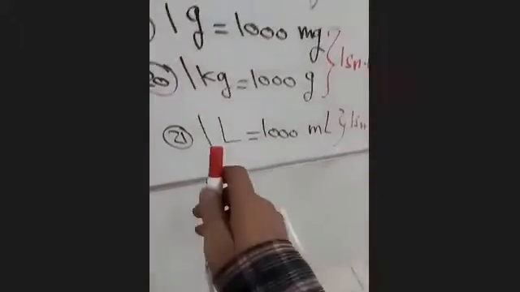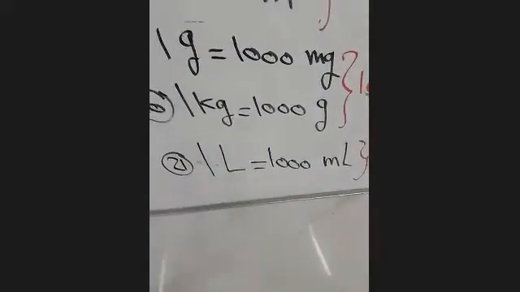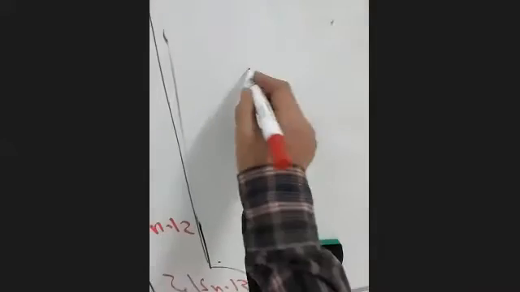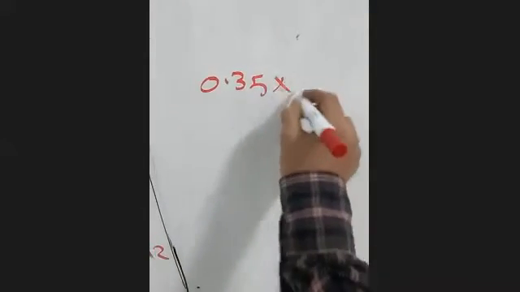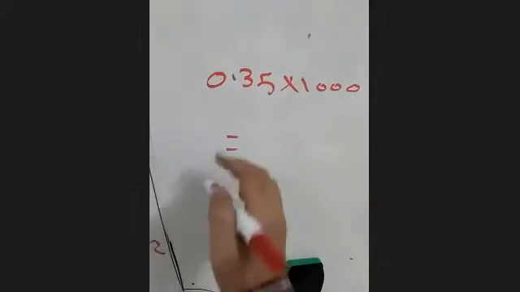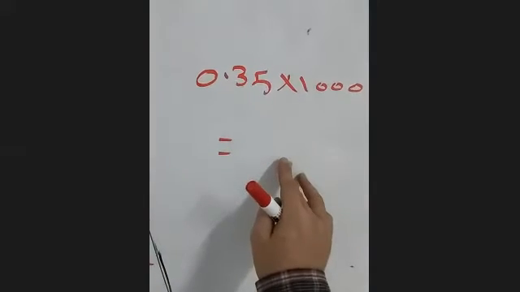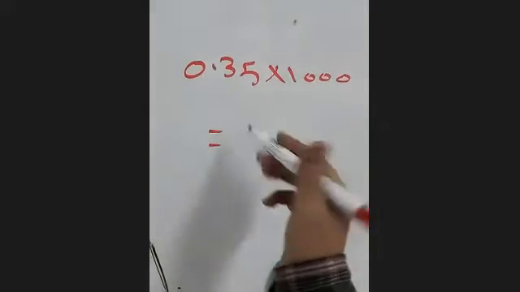To turn the liter to milliliter, you multiply with 1,000, right? So 0.35 multiplied by 1,000. You push the decimal 3 digits. It will be exactly 350. Do you understand it? So here the given is in liter and they want it in milliliter.